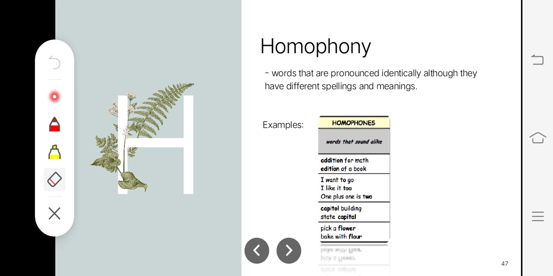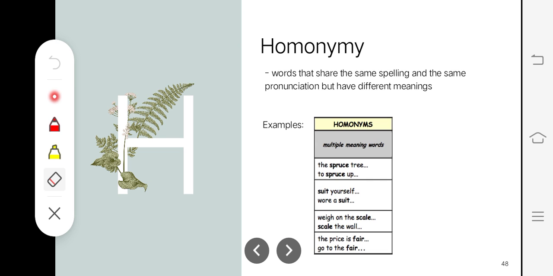The next is homonymy: words that share the same spelling and the same pronunciation but have different meanings. In short, multiple meaning words. Examples of these are spruce, the spruce tree, or to spruce up.